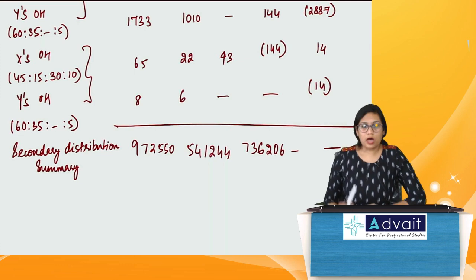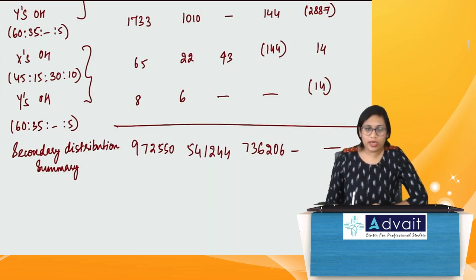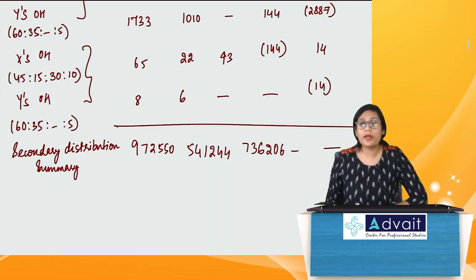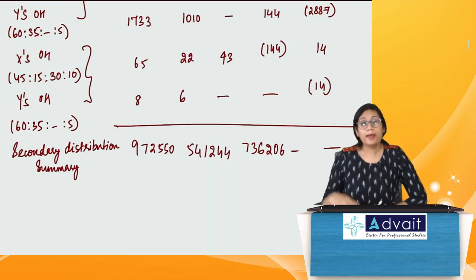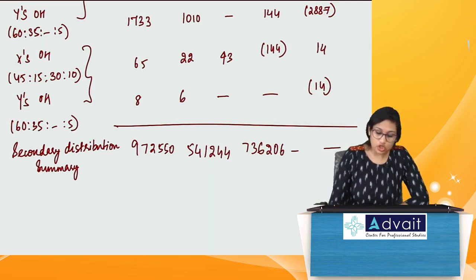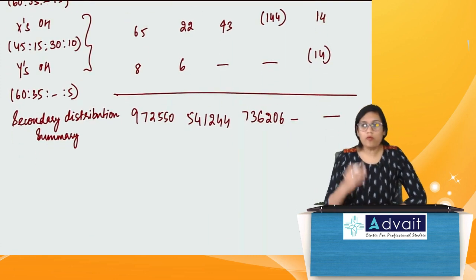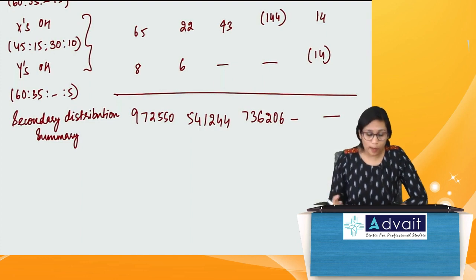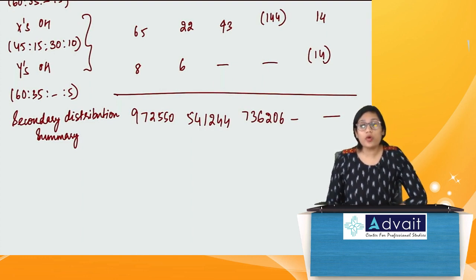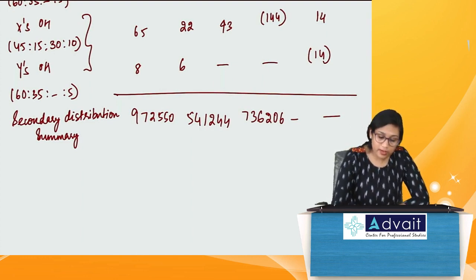So guys, apportionment done, allocation done, reapportionment done using the repeated redistribution method, right? So now we will move on to absorption. So guys, how are we supposed to absorb? What have they given in the problem?